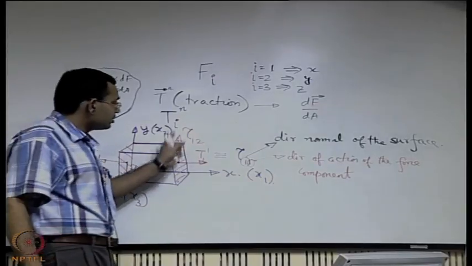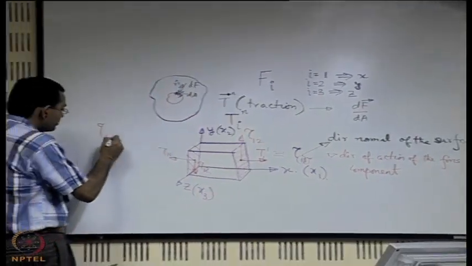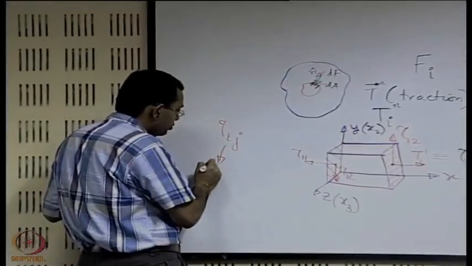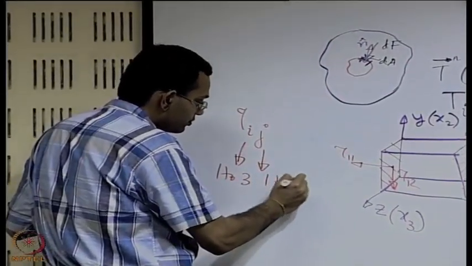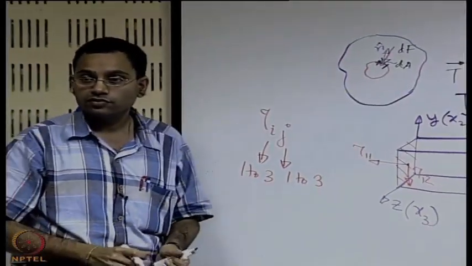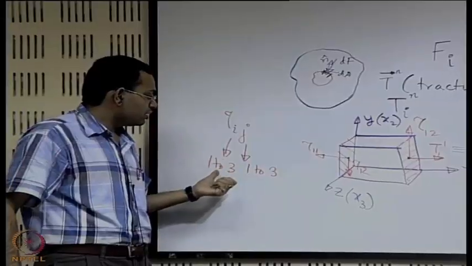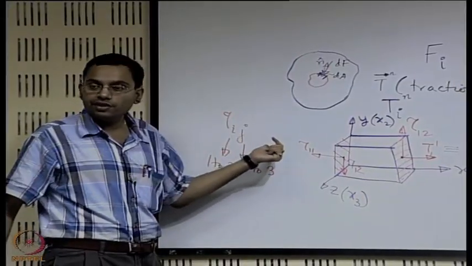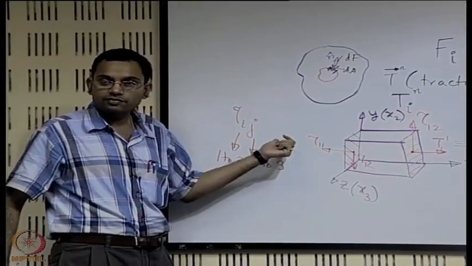So, this tau ij's, so when you write tau ij, this i may vary from 1 to 3 and j may vary from 1 to 3. So, these are certain quantities. In general you may have 3 into 3, 9 tau ij components.